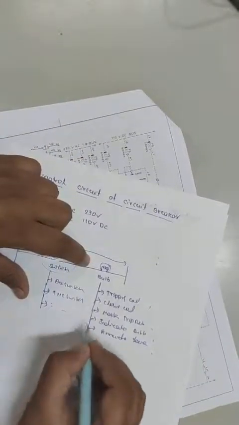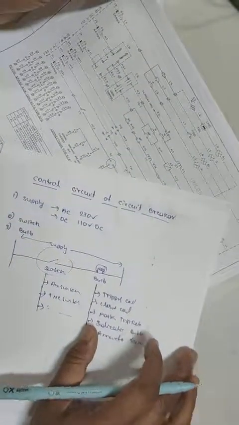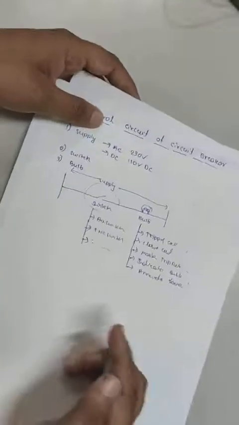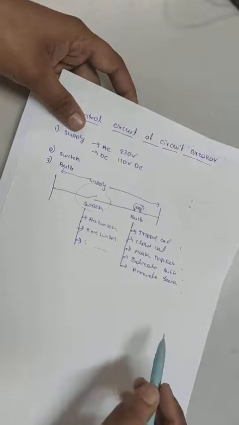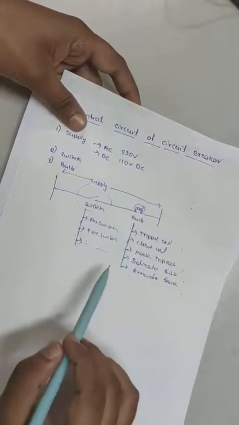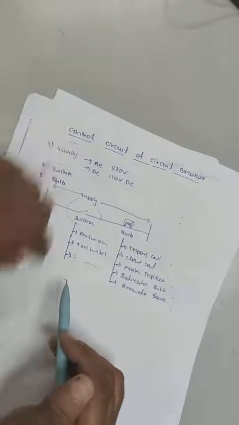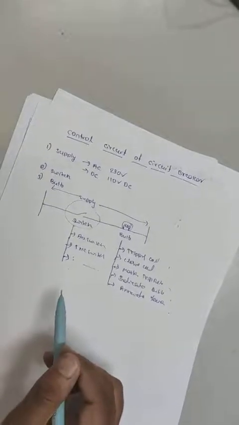So we will learn the drawings in later cases. Mainly only these three components: supply, switch and bulb.